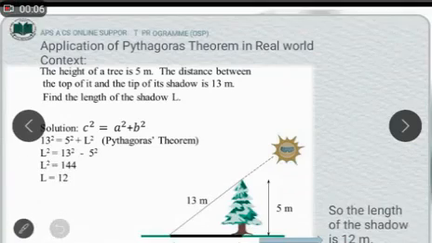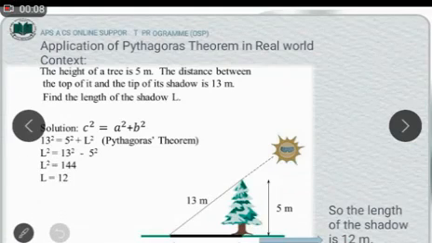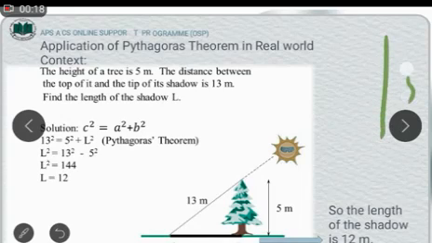Now, the application of Pythagoras theorem in a real world context. The question is, the height of the tree is 5 meters. So this is the tree. And what is the height? 5 meters. The distance between the top of it and the tip of its shadow is 13 meters.